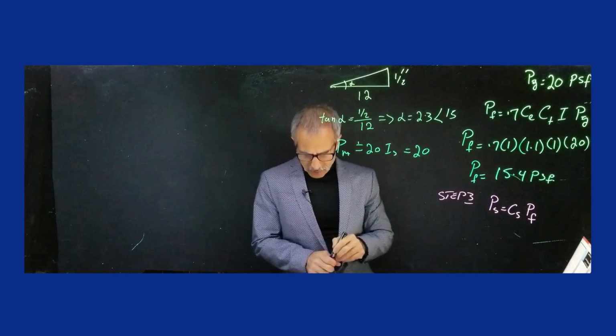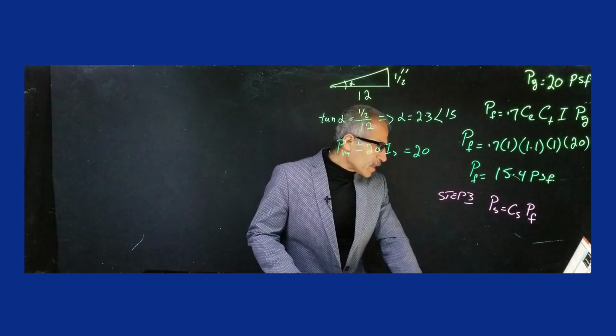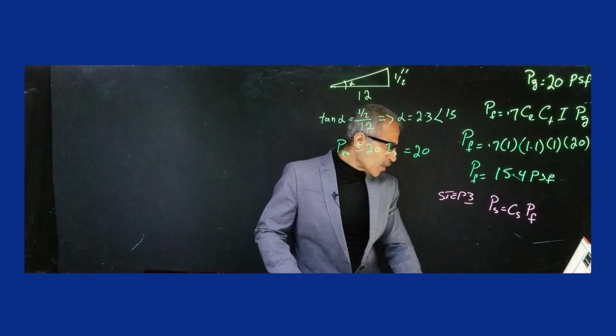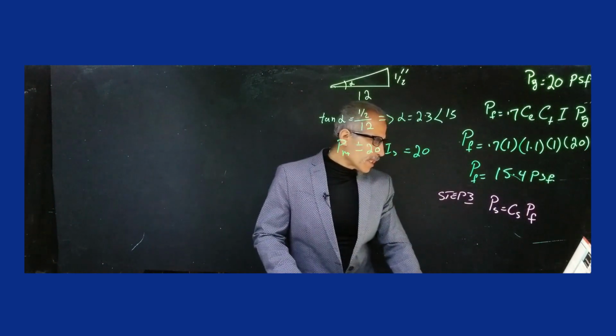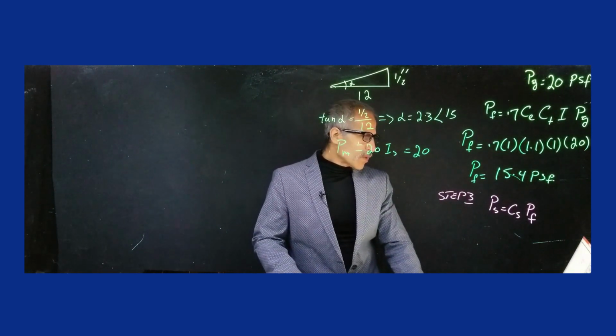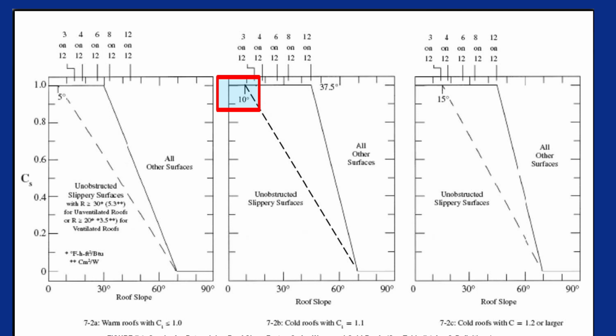So we've got to go ahead and find where is CS. CT is equal to 1.1, and our CT was 1.1. So therefore, that's where we are, and we're going to use table 7.2B, sorry. We're going to use table 7.2B.